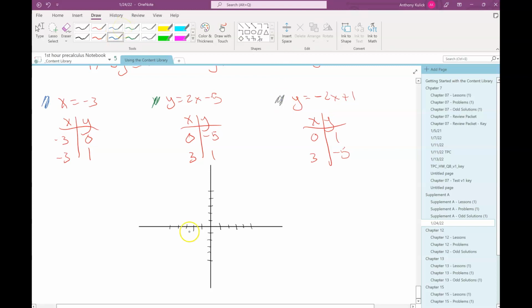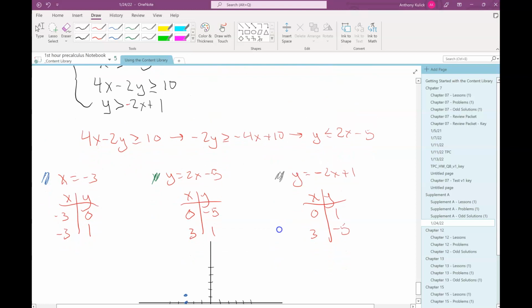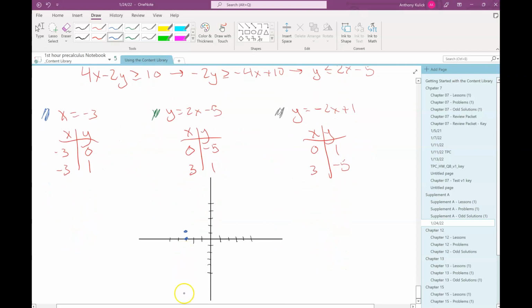So we have -3, 0, and then -3, 1. Because this was a strict greater than, I know I'm going to be using a dashed line. And then I'm going to be shading in to the right because it's a greater than.